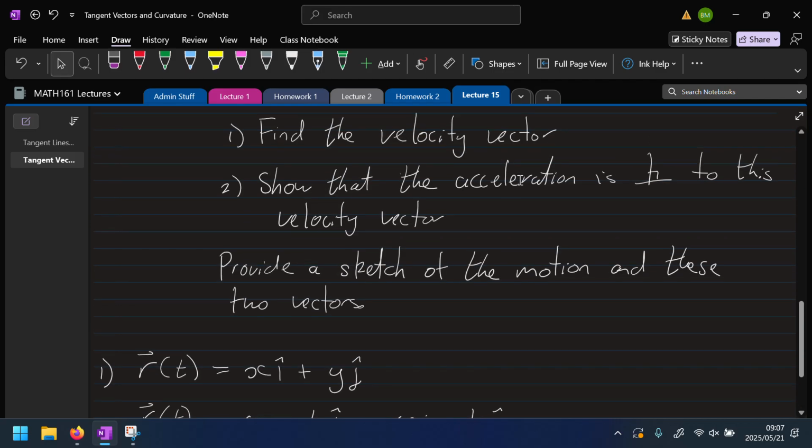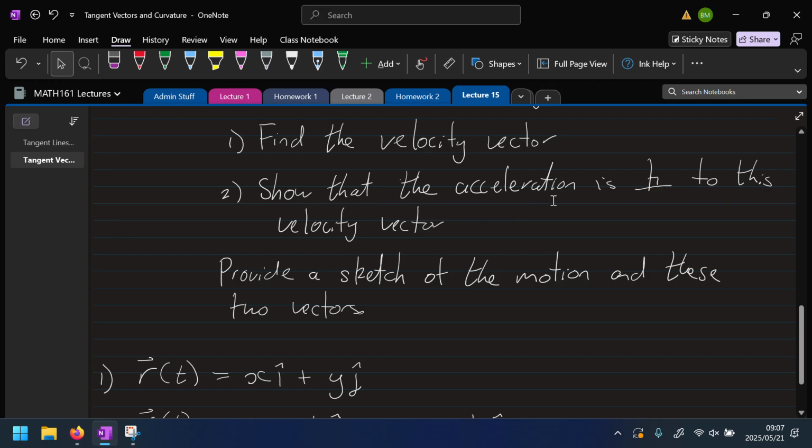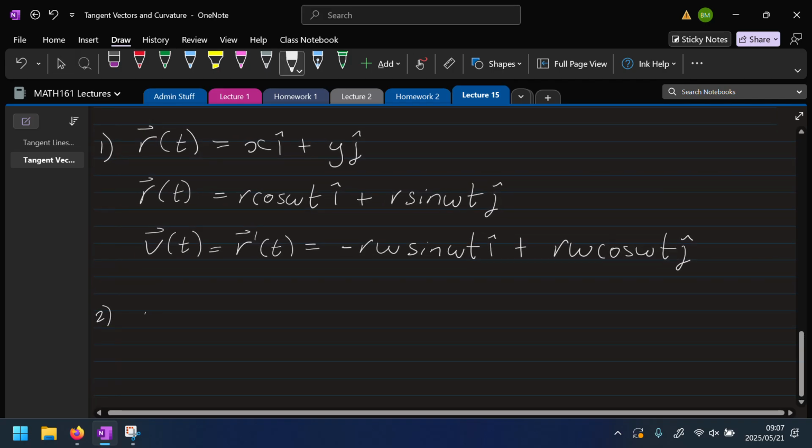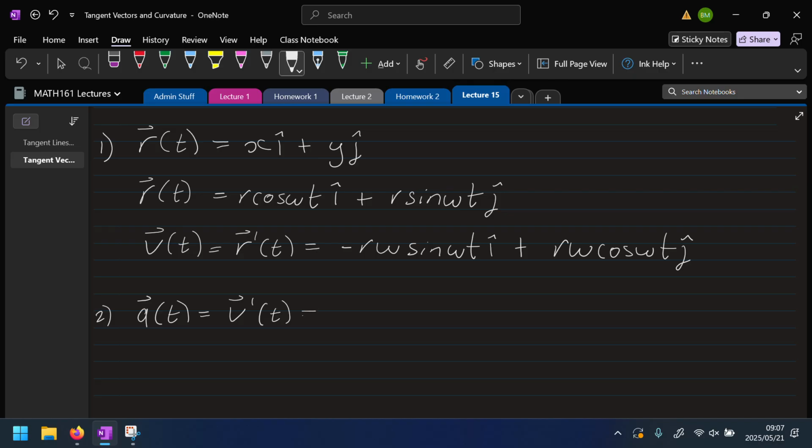Okay, then for part 2, show that the acceleration is perpendicular to this velocity vector. We need the acceleration vector, so a of t, that will be v prime. The derivative of sine is cos, and then we take out another of the omegas, so minus r omega squared cos omega t.